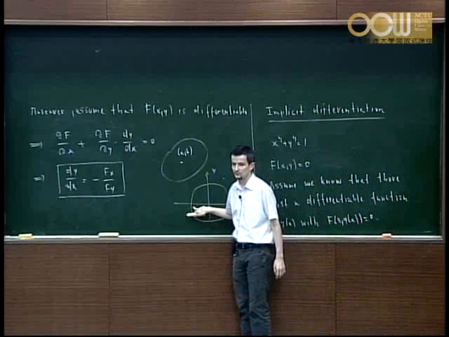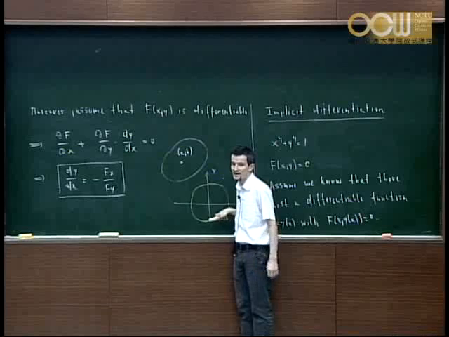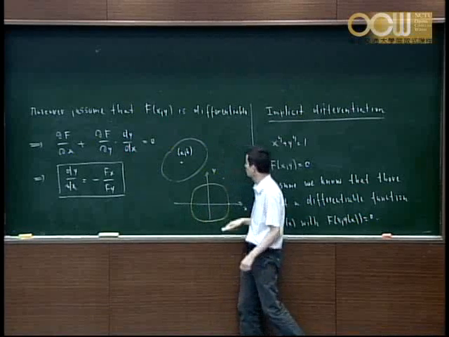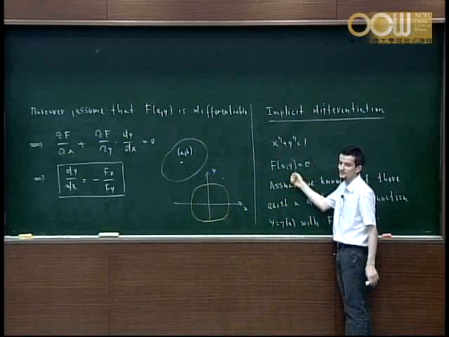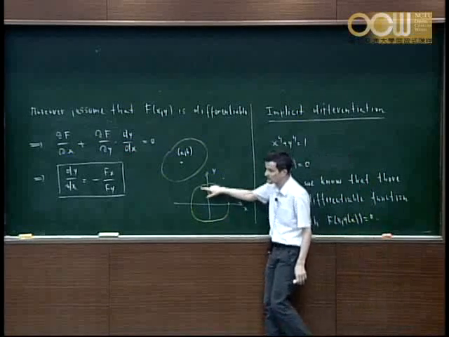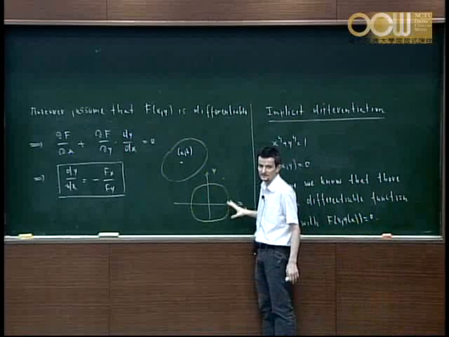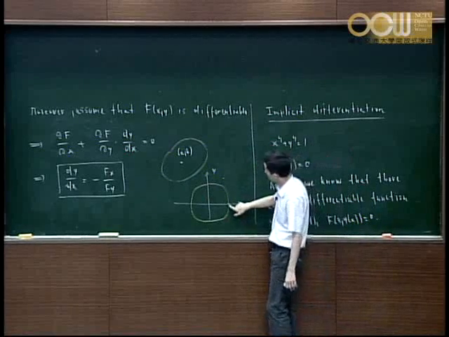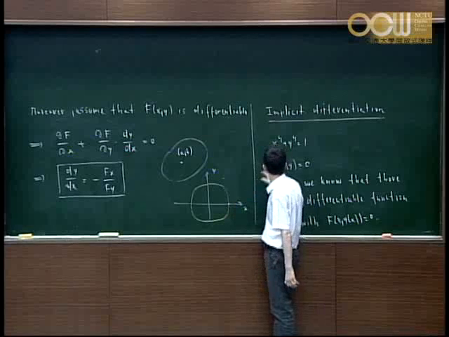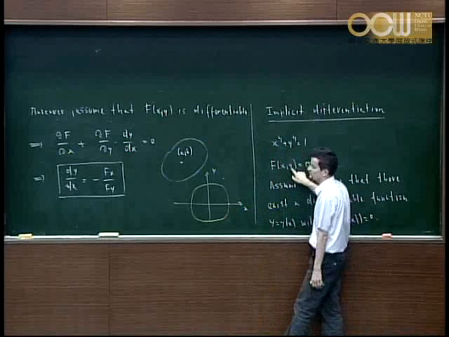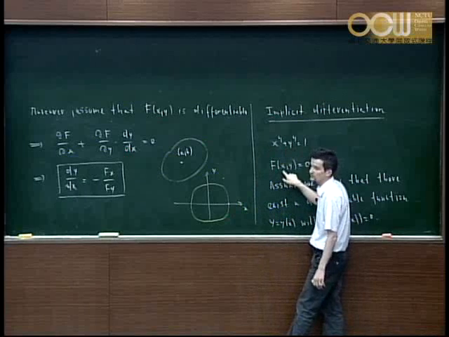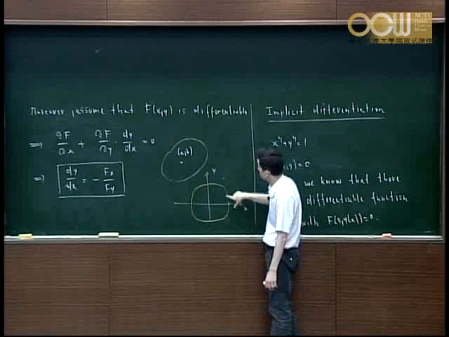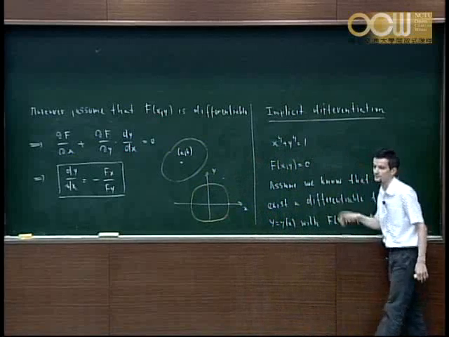So these are the only points where you cannot solve. The implicit function theorem tells you that for these 2 points you cannot solve locally for y. For all other points you can do it. Of course, you have the problem if you want y as a function of x, but if you just reverse it, if you want x as a function of y, you don't have this problem anymore. So also for this, you can locally apply the method of implicit differentiation.